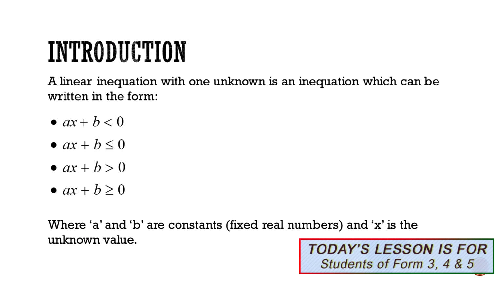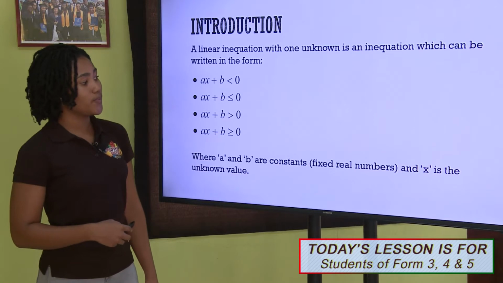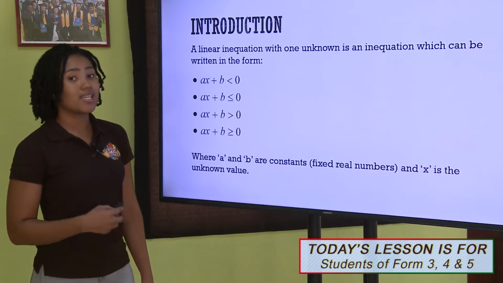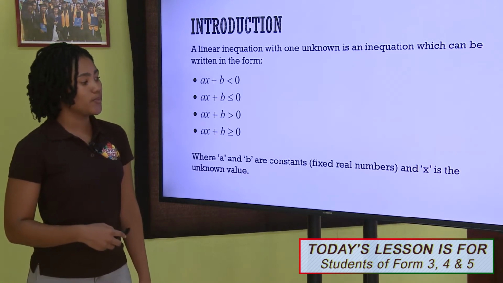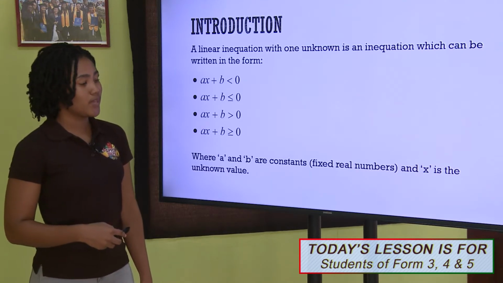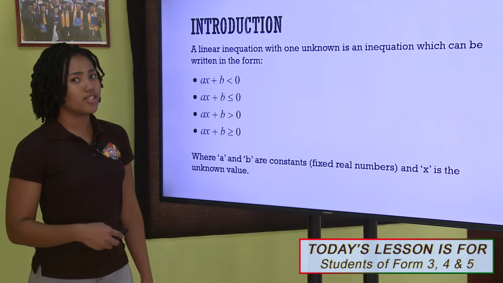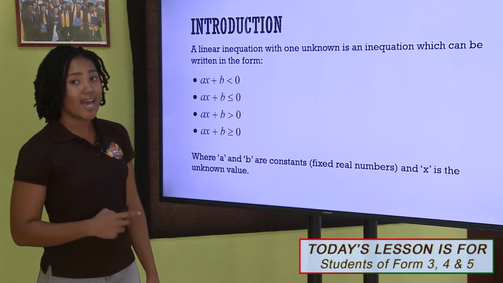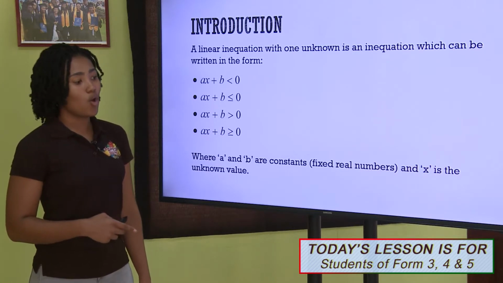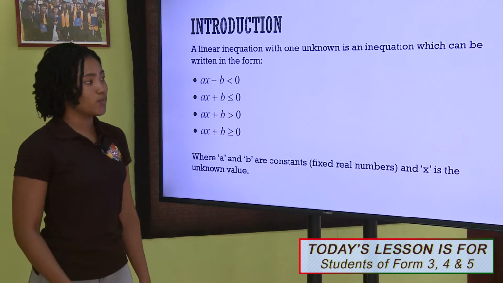A linear inequation with one unknown is an inequation which can be written in the form ax plus b is less than 0, ax plus b is less than or equal to 0, ax plus b is greater than 0, and ax plus b is greater than or equal to 0, where a and b are constants or fixed real numbers, and x is the unknown value.